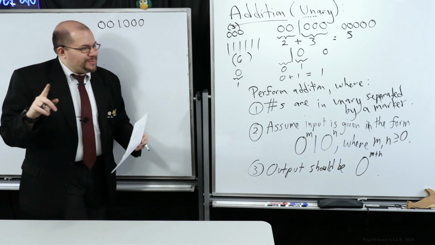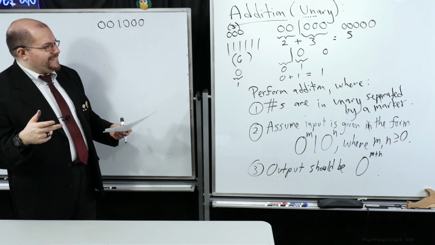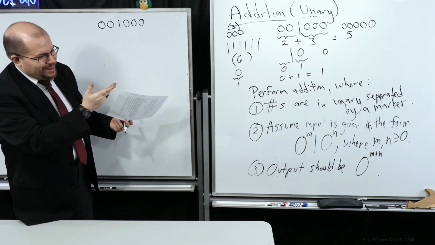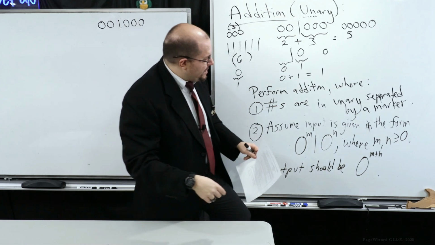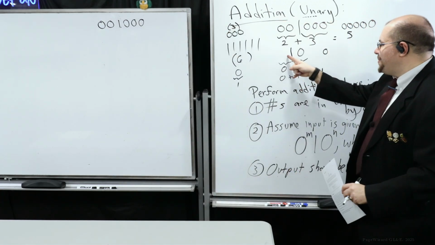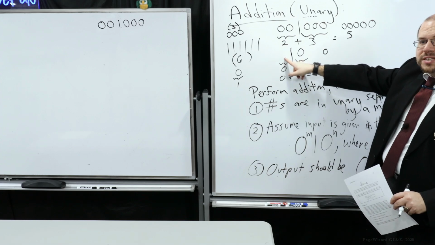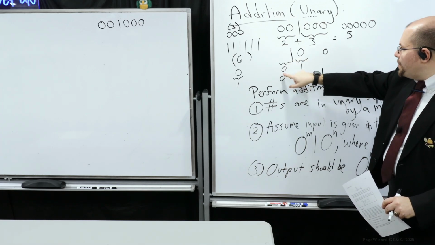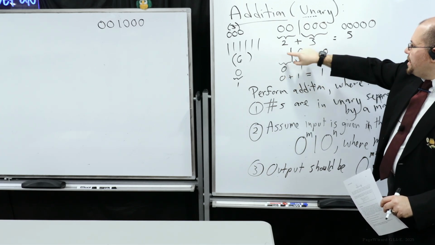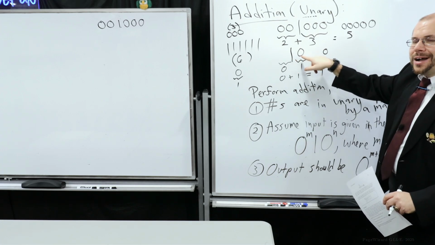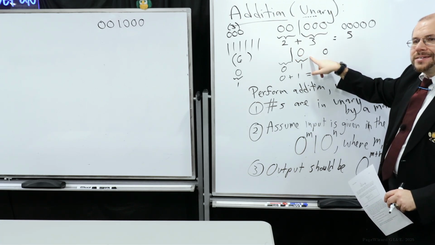Well, what's actually kind of neat is that this won't work in general, because remember we have the situation such as this where it's like 0 plus 1 where I can have no zeros. Well, what if it's 1 plus 0 and I go seeking out a 0 after the separator?